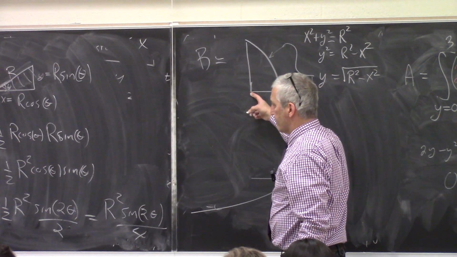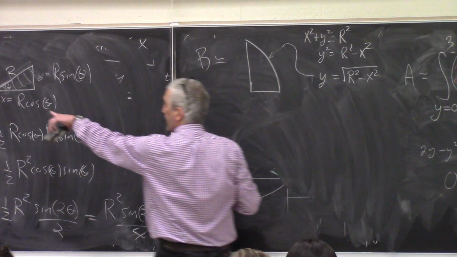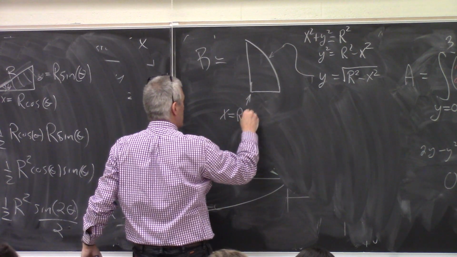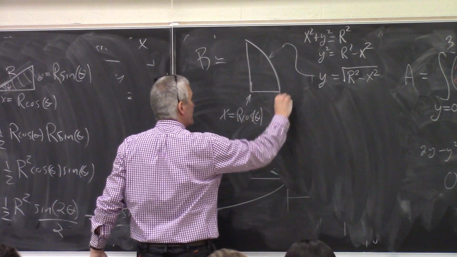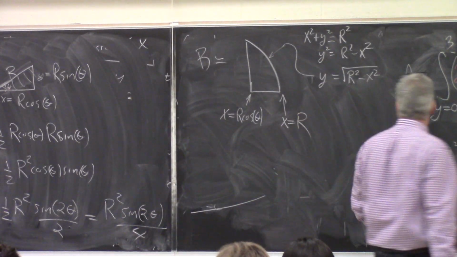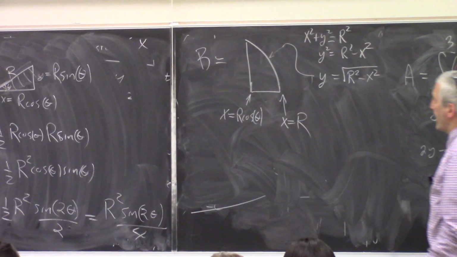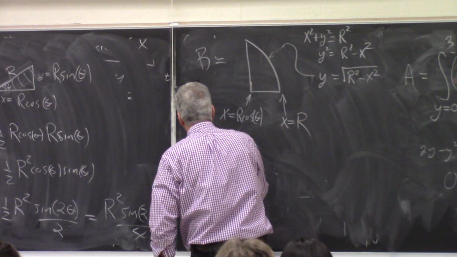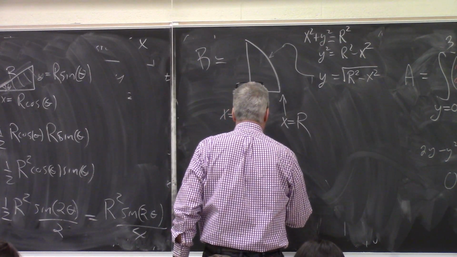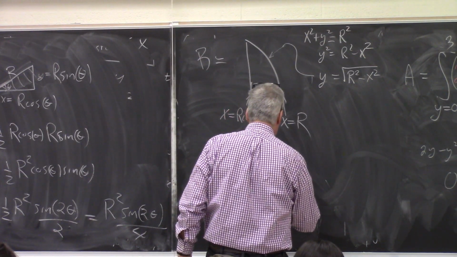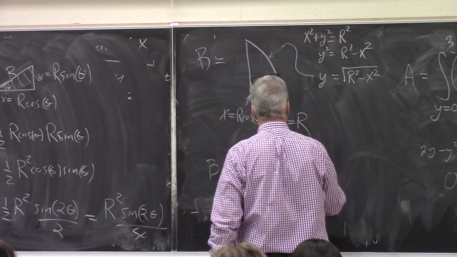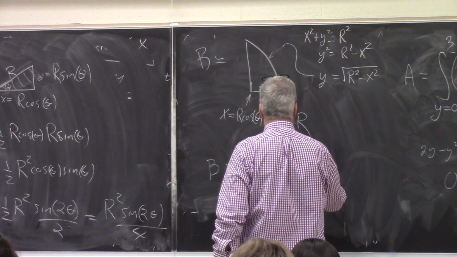This begins at that x value, and it ends at this x value, x equals r. So this area B would be the integral from x equals r cos theta to x equals r of the square root of r squared minus x squared.